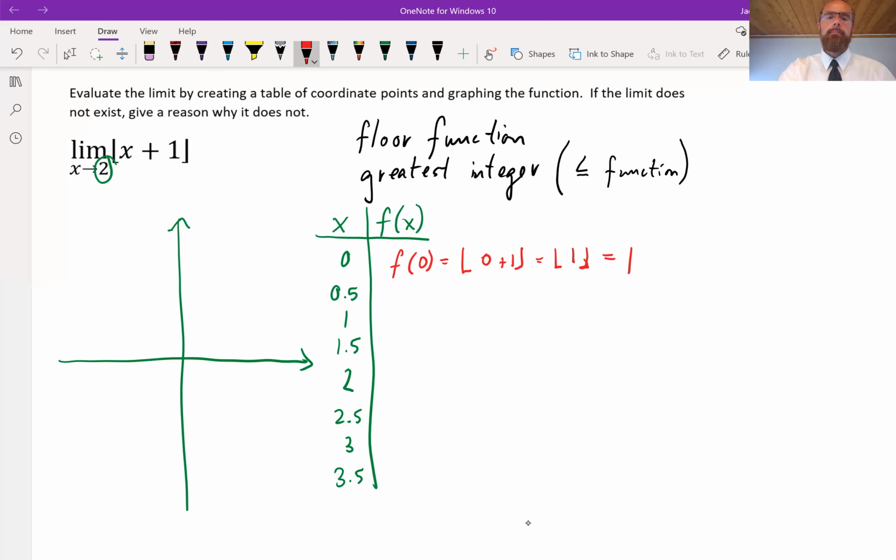So we'll bump over here to f at 0.5. So we're looking at the floor function of 0.5 plus 1, which is the floor function of 1.5. So this is going to be a little more illuminating in terms of how does it work for decimals. What is the greatest integer that's less than or equal to 1.5?